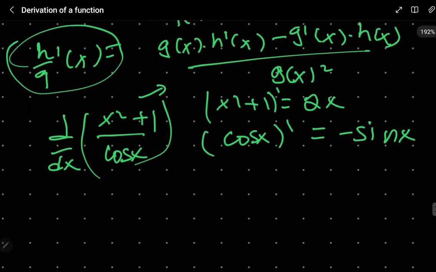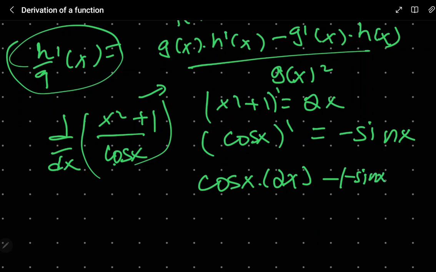Now what do we have? g of x, meaning cos x, times the derivative of the numerator, which is 2x, minus the derivative of the denominator, minus sine x, times x squared plus 1, the numerator.